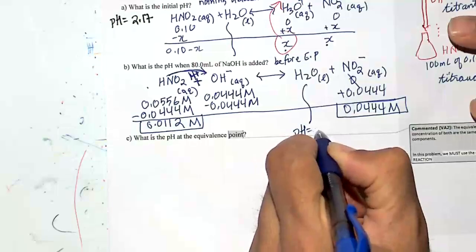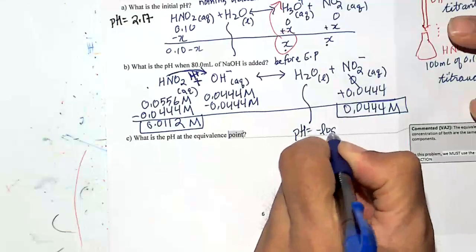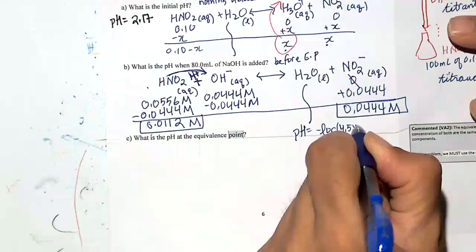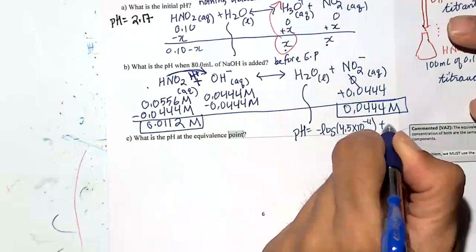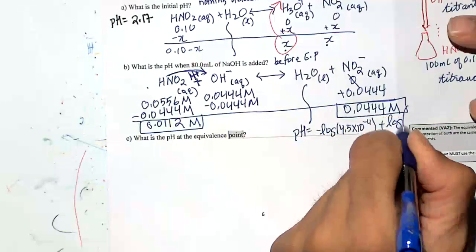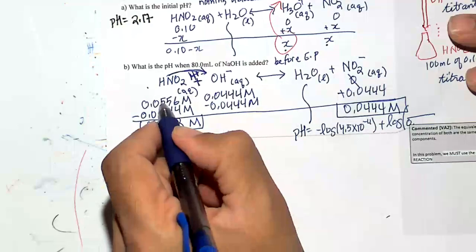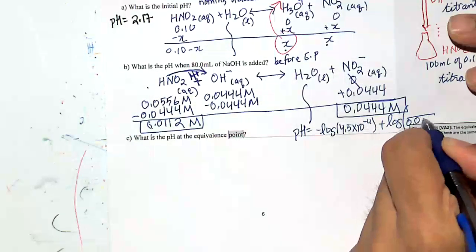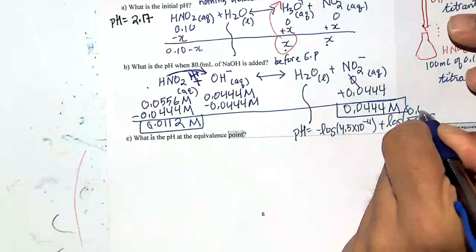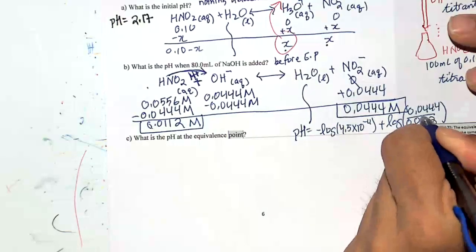Okay, and this equation is this. pH is equal to pKa, where Ka is 4.5 times 10 to the minus 4, plus log of the conjugate base over the acid. The acid is HNO2, 0.0112, and the base is 0.0444.